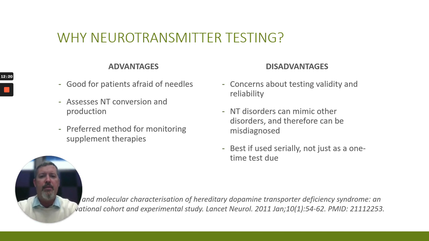And as an example, let's say I want a minimum serotonin level of 150 and somebody's initial serotonin value comes in at 50. So I put them on XYZ nutrients, repeat their neurotransmitter testing 4 months, 6 months later, and it went from 50 to 80.